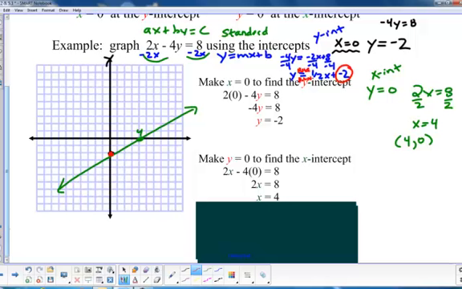So we're going over 2, up 1, over 2, up 1, over 2, up 1, over 2, up 1. So this is your perfect line, over 2, up 1, with that slope that's 1/2 and an intercept of negative 2.